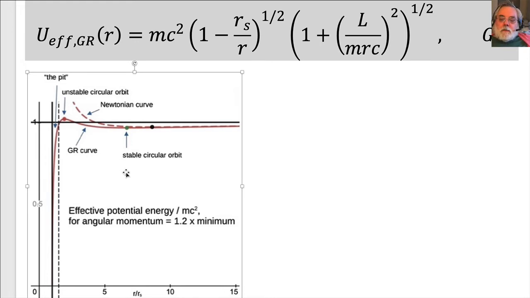Notice that general relativity has pulled the Newtonian circular orbit, the black dot, to a closer radius and more negative, more bound energy, the green dot. This is a much larger effect near this black hole than for Mercury orbiting the Sun that we mentioned in supplementary video 5 on Newtonian orbits.